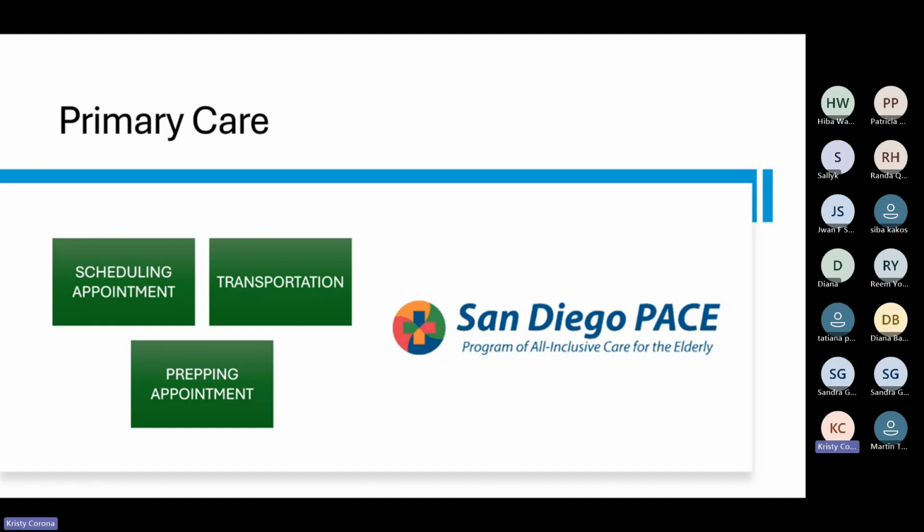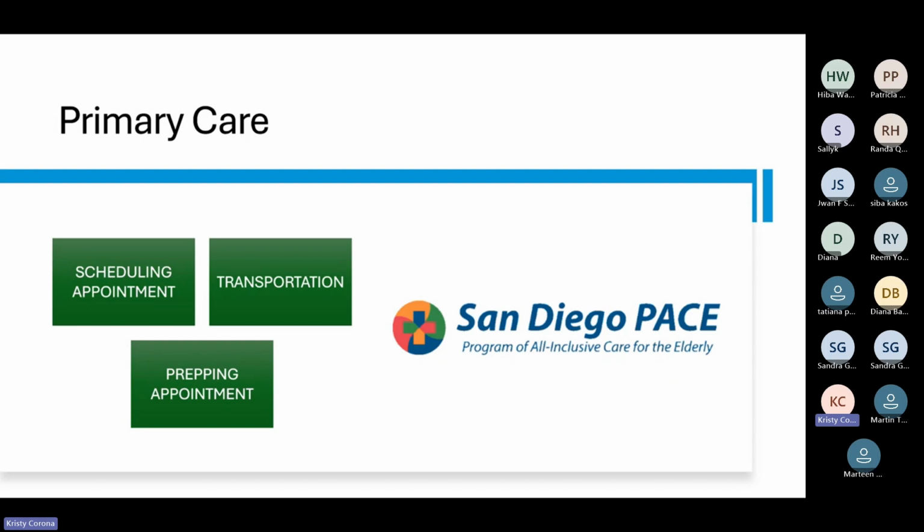Also with primary care is prepping the appointments. So for every team member, it might be a little different. A primary care physician or provider might be reviewing the participant's chart. Maybe a medical assistant or clinical coordinator might be printing out their vitals or their demographics, or whatever the provider might need during the appointment.